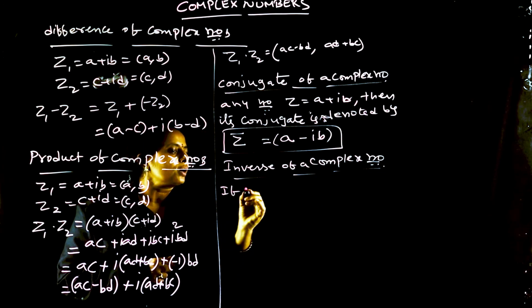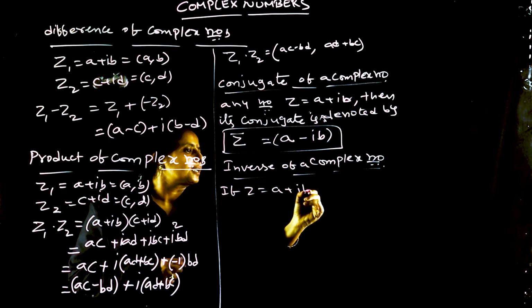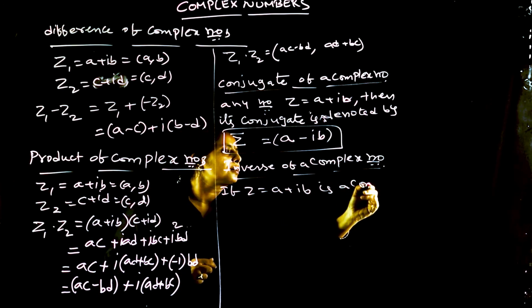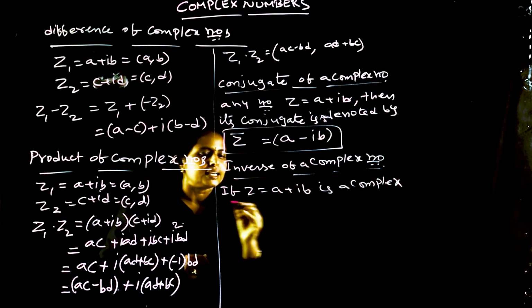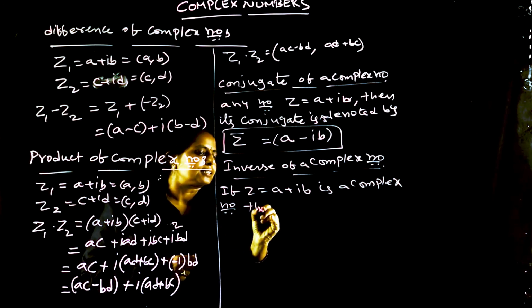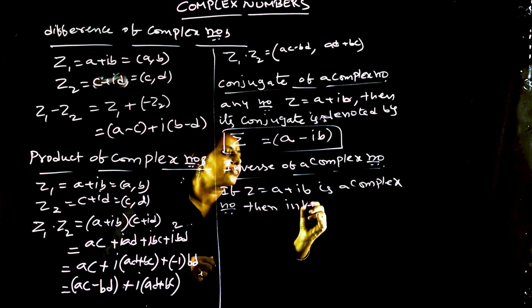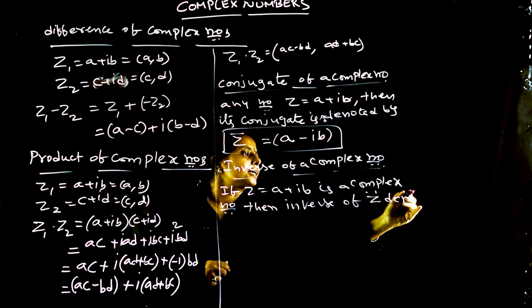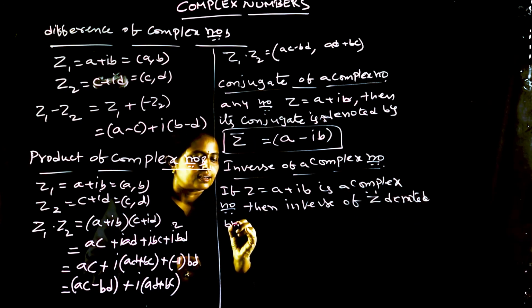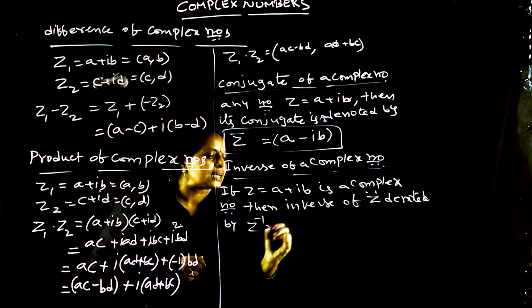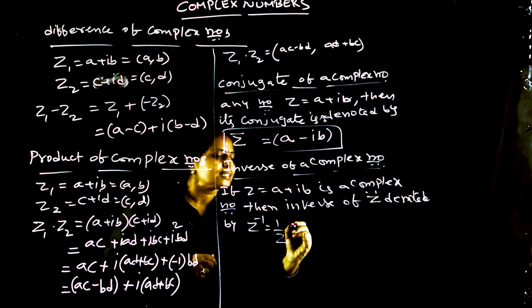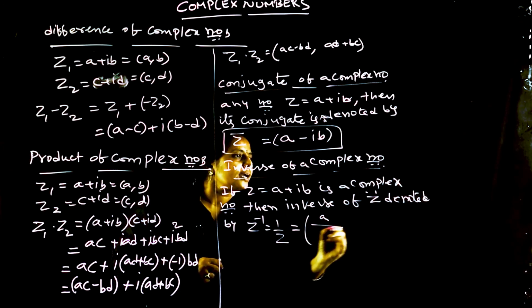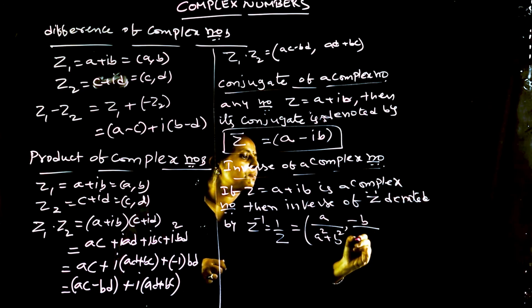So, if z equal to a plus ib is a complex number, then its inverse of z denoted by z inverse, which is nothing but 1 by z, is given as a by a square plus b square, comma, minus b by a square plus b square.